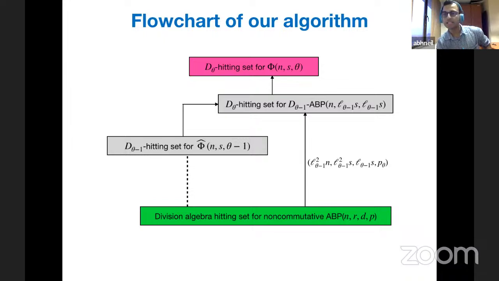And now this generalized ABP hitting set construction will reduce again to non-commutative ABP hitting set construction with these parameters. So it shows that the division algebra hitting set construction for non-commutative ABP is the basic building block. If we can solve that, then we can inductively plug in everything and it would solve the hitting set for height theta.